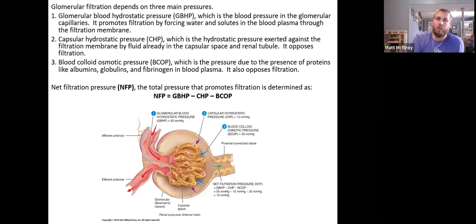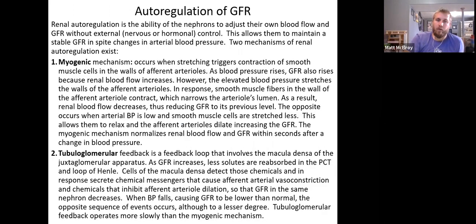Our rate is lower, which means we can return those things back to the blood that we need to. Now, the opposite occurs essentially when blood pressure falls, causing GFR to be lower than normal. The sequence, like I said, is opposite, although to a lesser degree. Tubuloglomerular feedback operates more slowly than that myogenic mechanism that we just talked about.